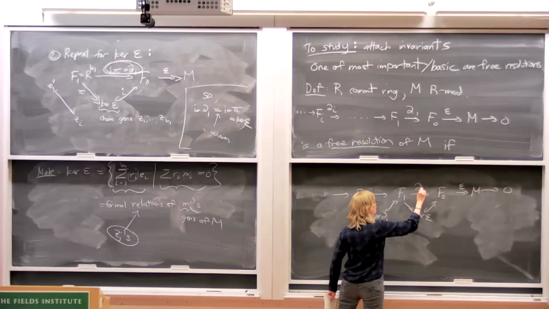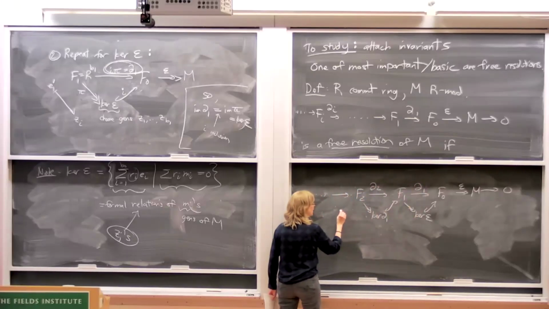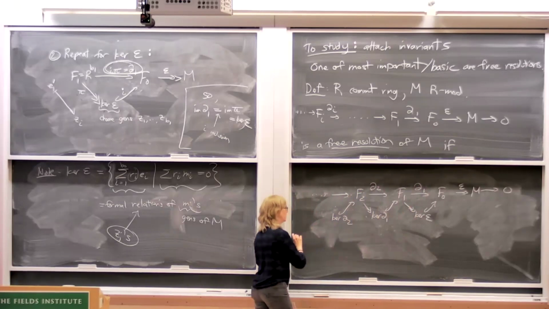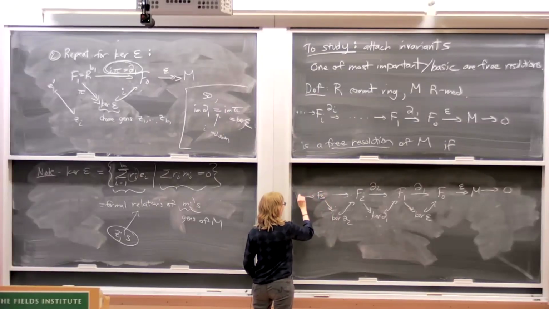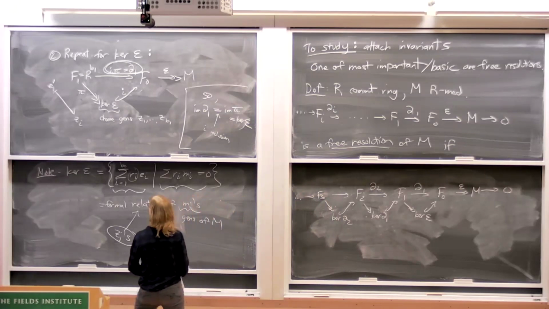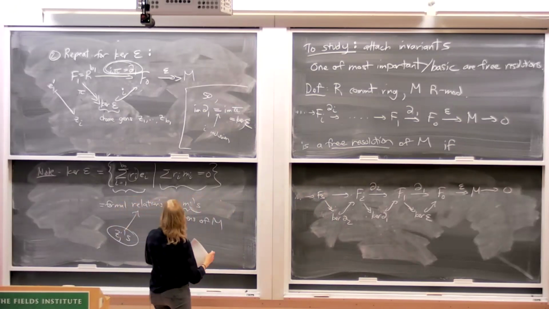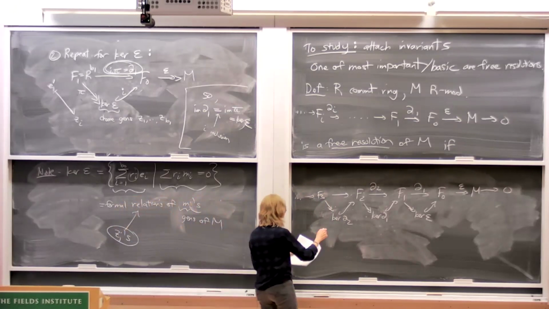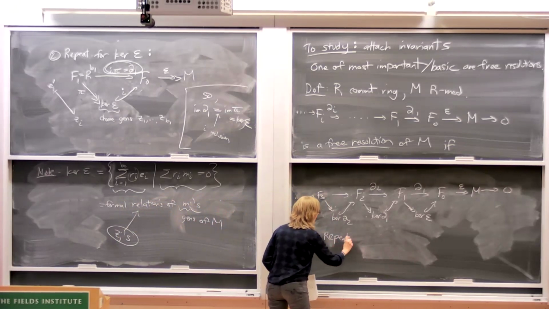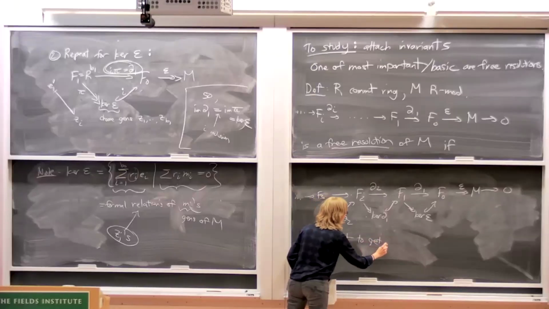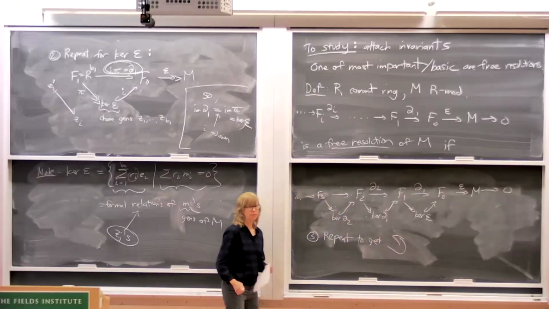So this was boundary 1, boundary 2. And then you have the kernel of boundary 2, surjecting from F3, and you continue. Repeat to get this picture up above, okay?